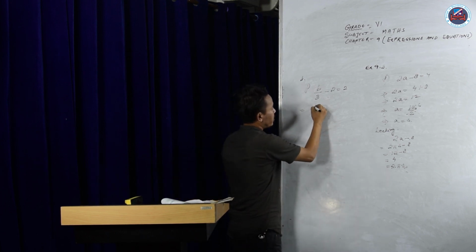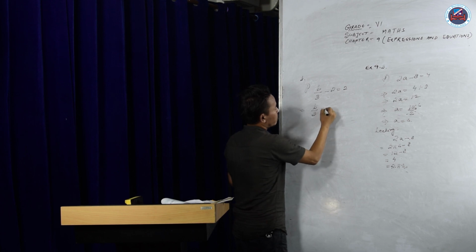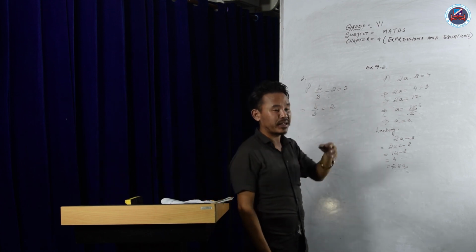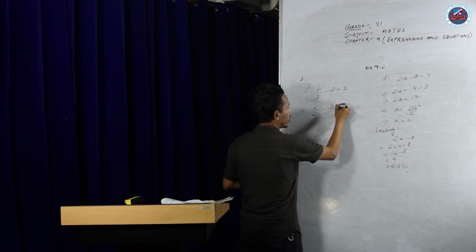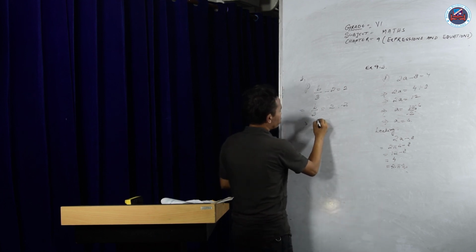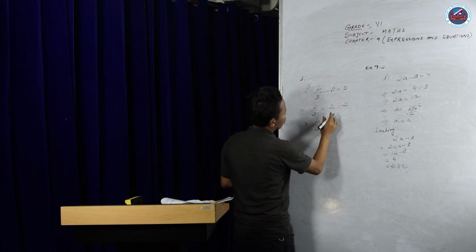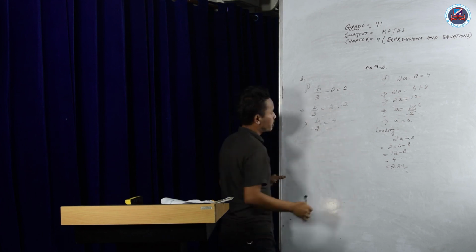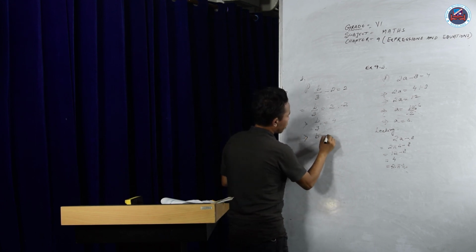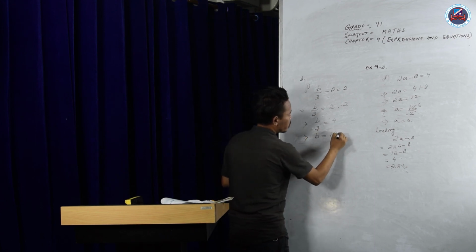We can see b by 3 equals 2. This minus 2, while transposing it to the right hand side, becomes plus 2, correct? So this gives us b by 3 equals 2 plus 2, we get 4, correct? So here we get the value of b as 3 into 4, that is 12.